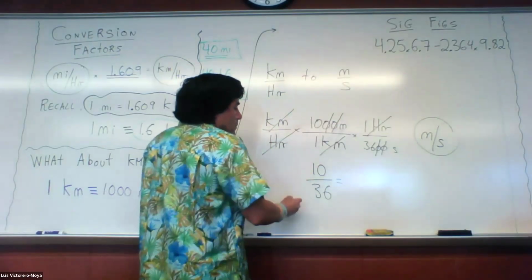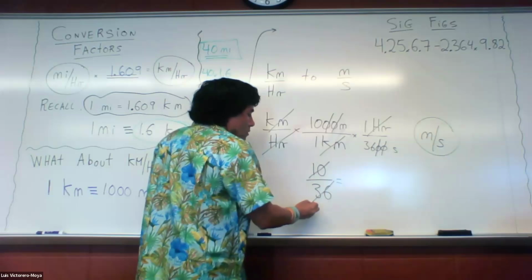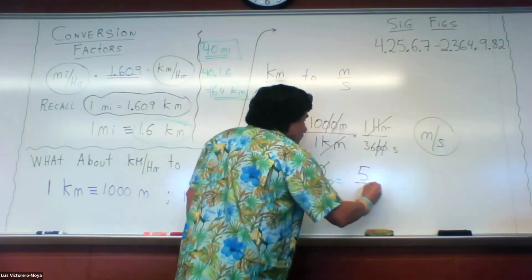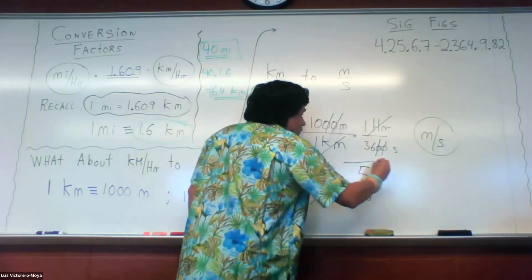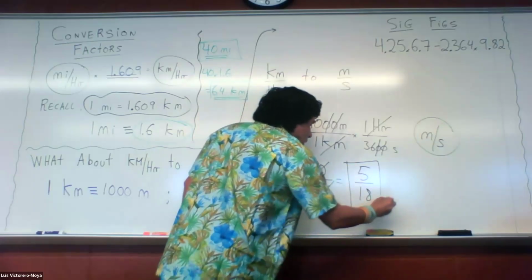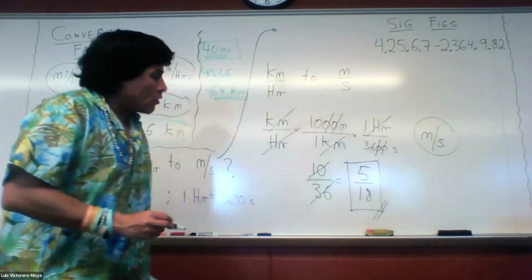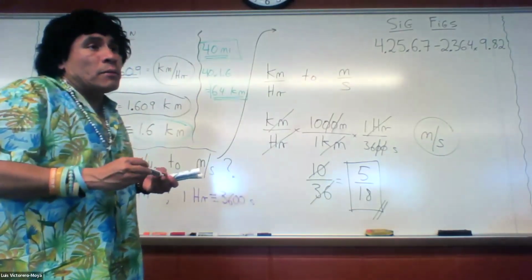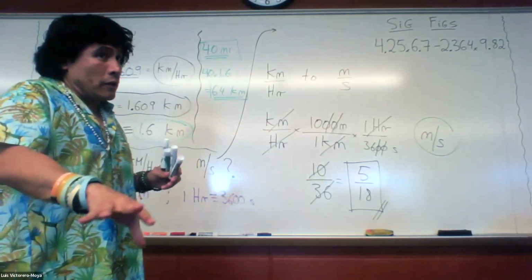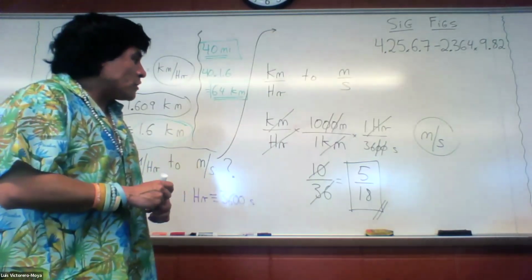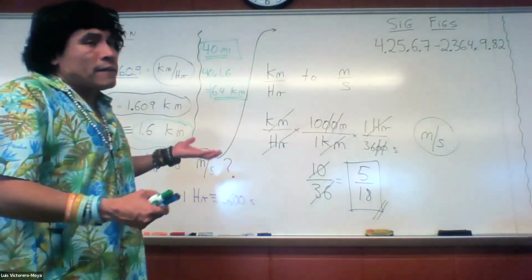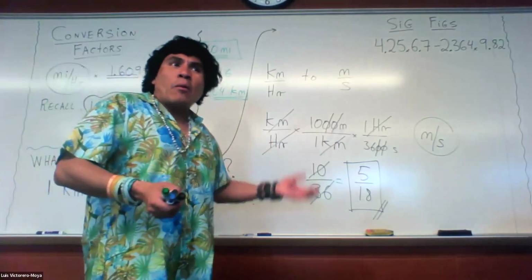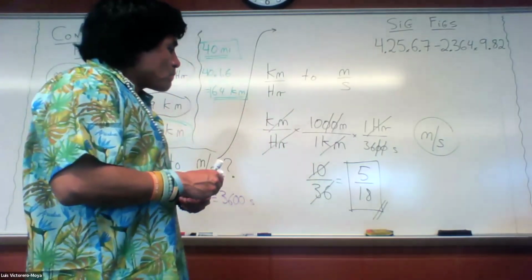Now, if I divide this by 2, I get 5 over 18. So 5 over 18 is the conversion factor that you can directly use if, for example, you are given the speed, and we're going to talk about the difference between speed and velocity today, of a body in kilometers per hour, and you want to get it in meters per second, right?